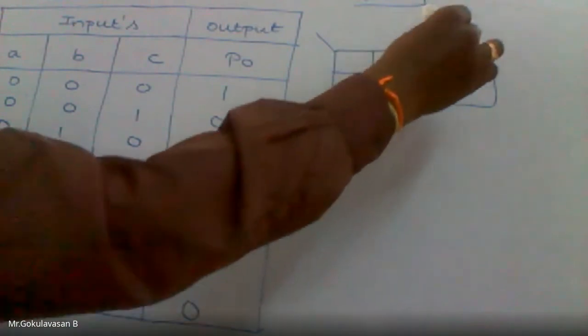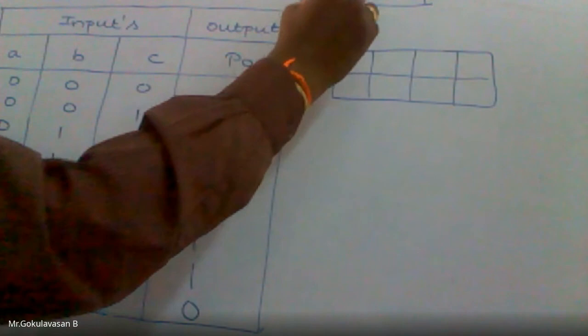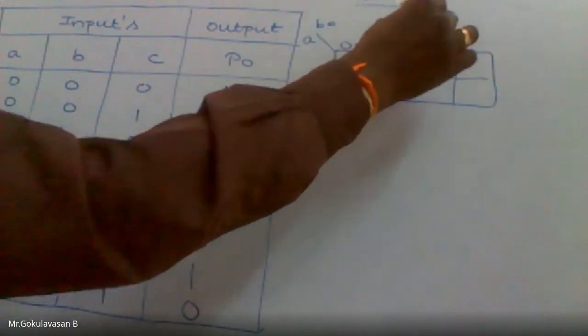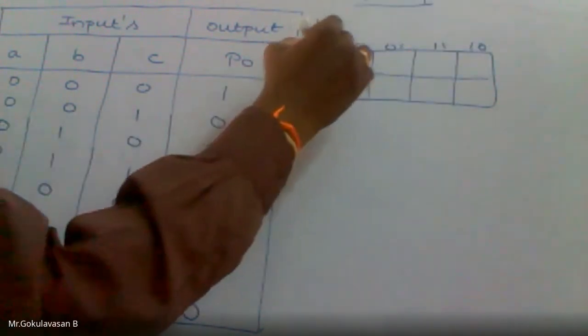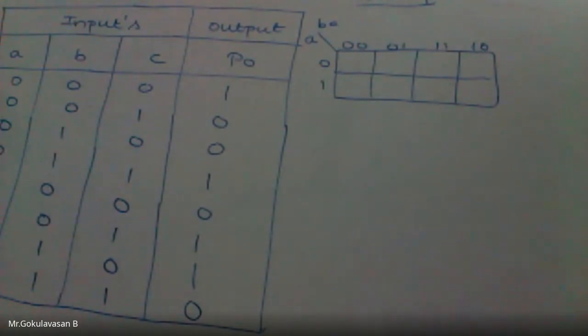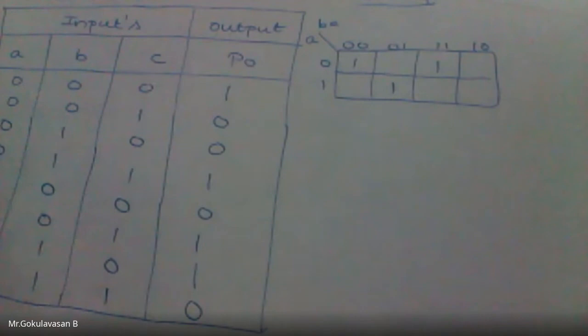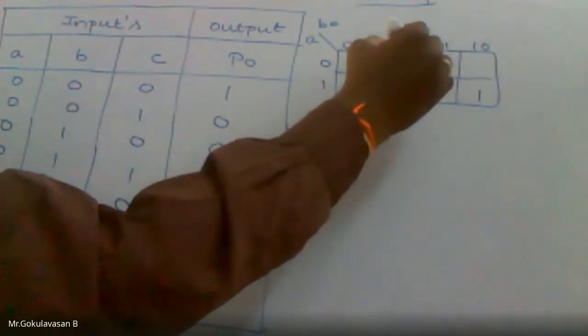An 8-cell K-map like this, and here I am taking input A. Here is BC: 00, 01, 11, 10, and here I am going to have 0, 1. Now I am going to fill the blank boxes with the data. So 000 is 1. Then 011 is 1. 101 is 1, and 110 is 1. Remaining cells are zeros. So this is the kind of K-map I will get here.